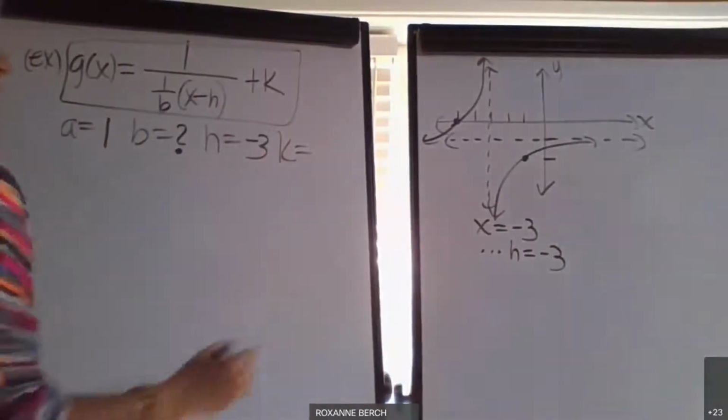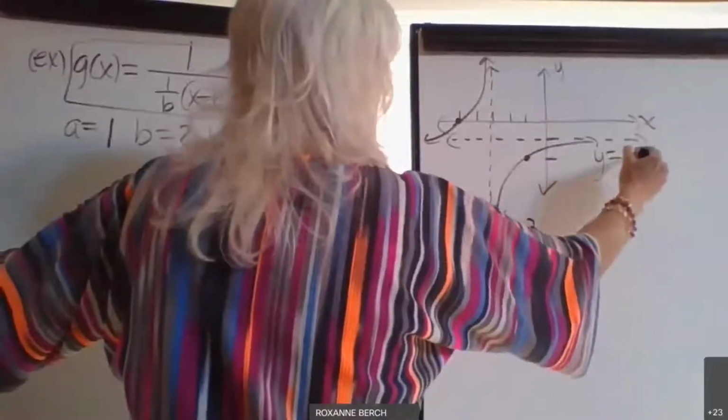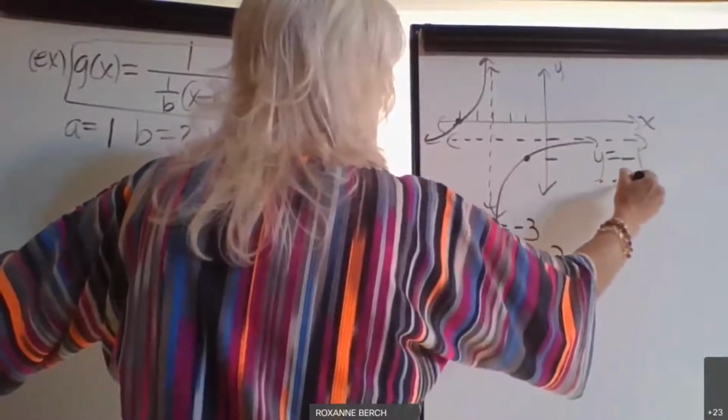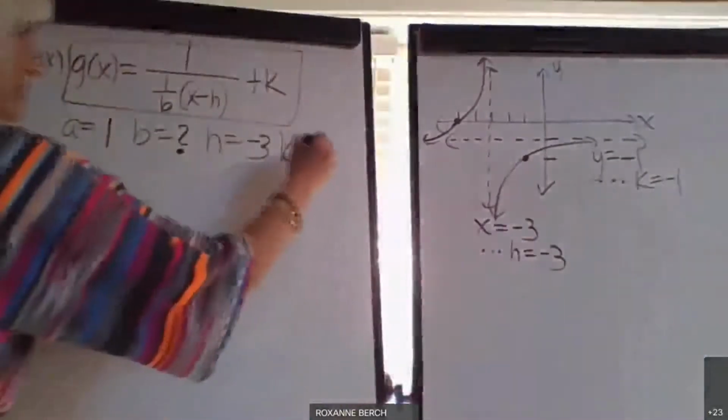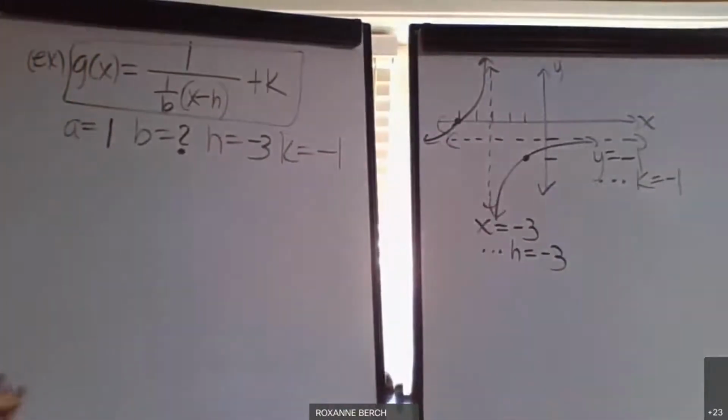Yeah. And K refers to the horizontal asymptote. So that means K is equal to -1. Is everybody cool with that? Yes. Okay.